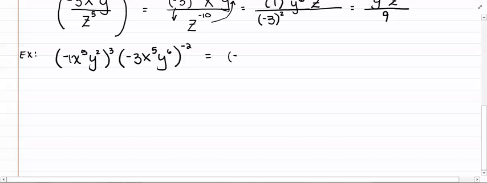So this is negative 1 to the 3rd, x to the, multiply them out, 5 times 3, 2 times 3, and again negative 3 to the negative 2, x to the negative 10, y to the negative 12.